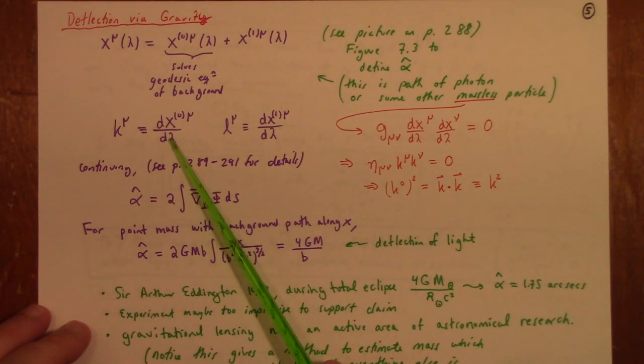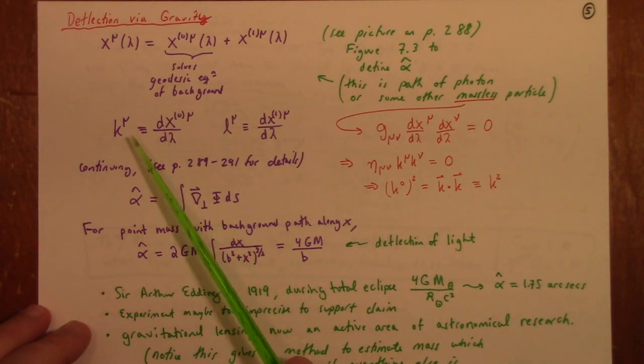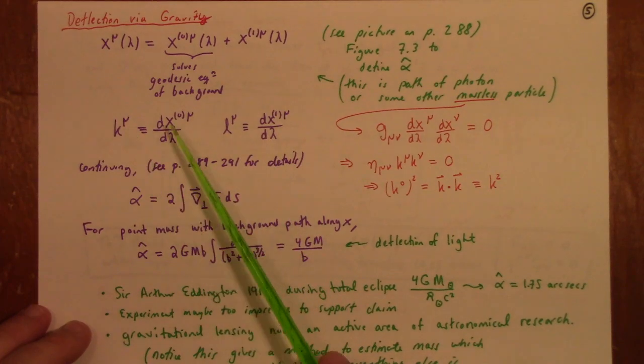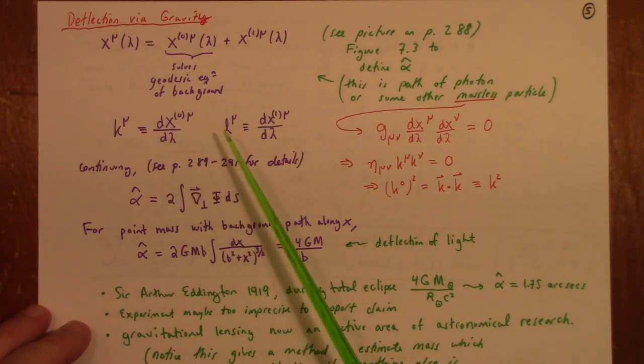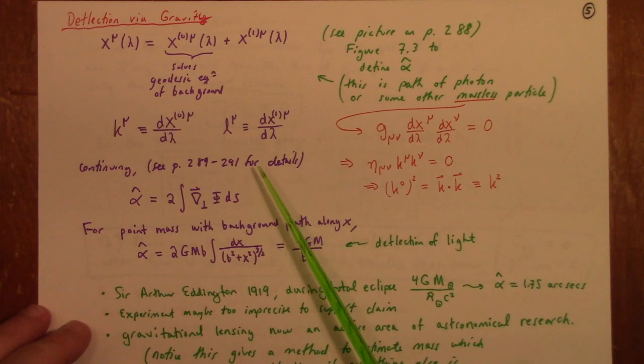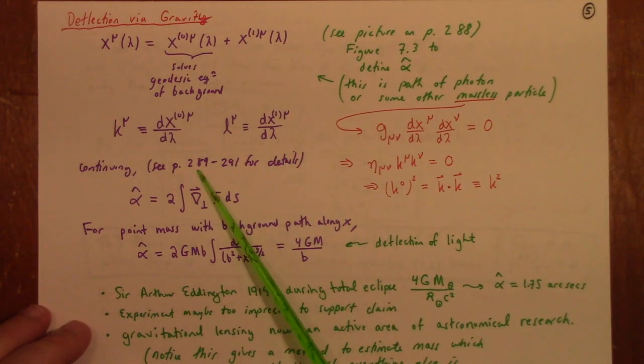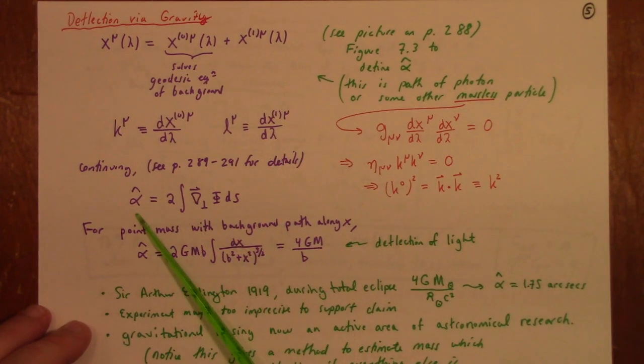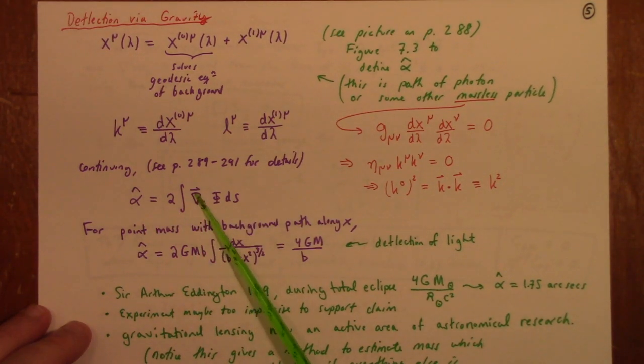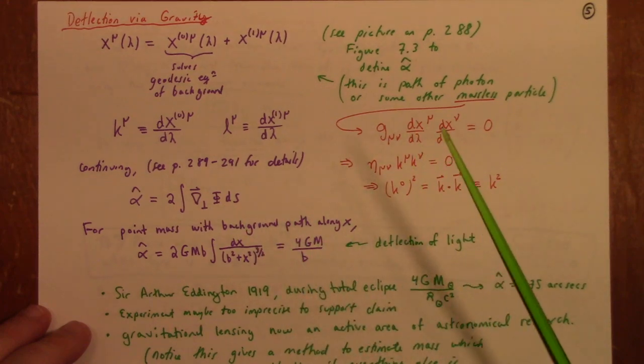So the 4-vector in this sense is called the wave vector: the wave vector of the background, the wave vector of the perturbation. And on pages 289 to 291, he derives the formula that the deflection angle is 2 times the integral of the transverse derivative of phi ds.